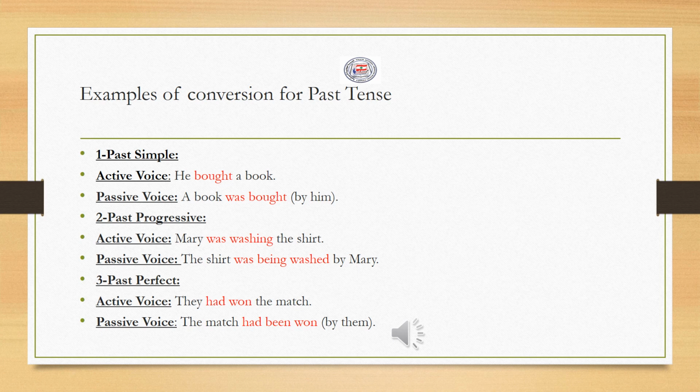Been should be added in order to represent the perfect form, and won is the past participle of the main verb win. The prepositional phrase, as we said previously, is optional because here also the doer of the action is not known. And the sentence becomes: The match had been won, or the match had been won by them.